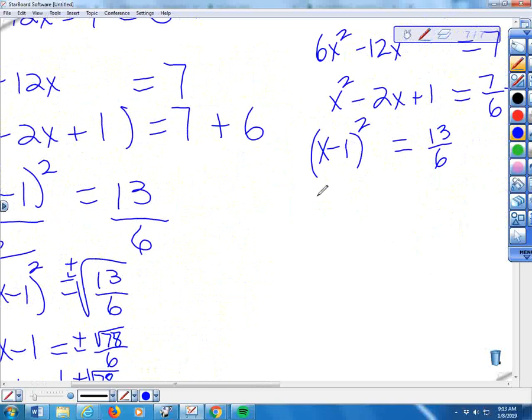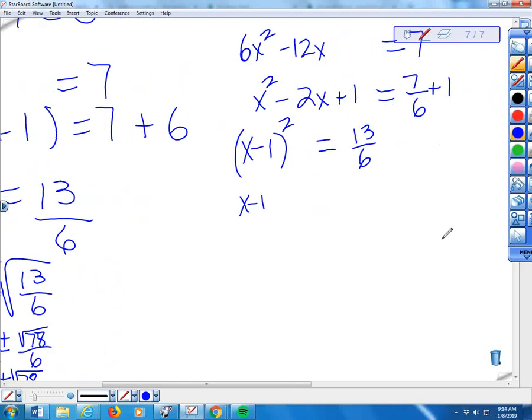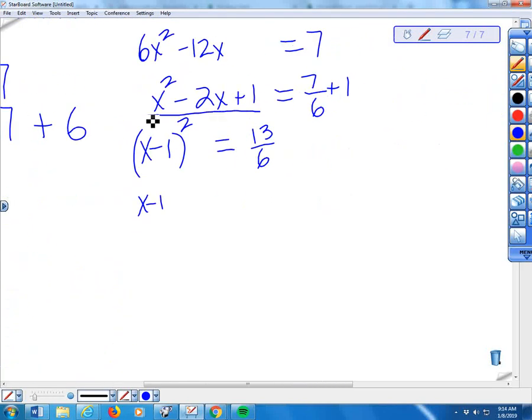Right? Take the square root on both sides. I don't know how you get x minus 1. I'm intentionally adding 1 here so it can factor to this. So you're just moving that number down. I'm factoring this.